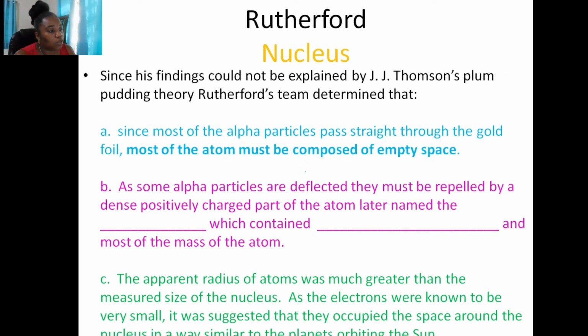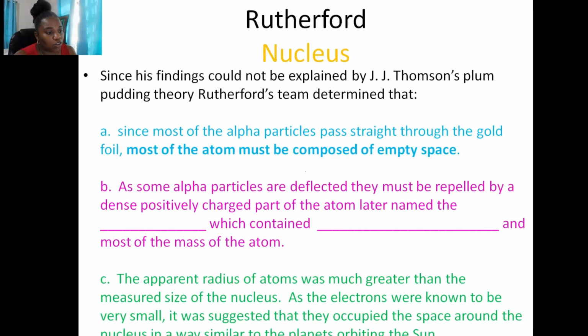He also determined that some of the alpha particles, once they were deflected, must have been repelled by a dense positively charged part of the atom, later named the nucleus. And this nucleus would have contained nucleons, that is, the neutrons and the protons. And this mass in the center is what contributes to the entire mass of an atom.